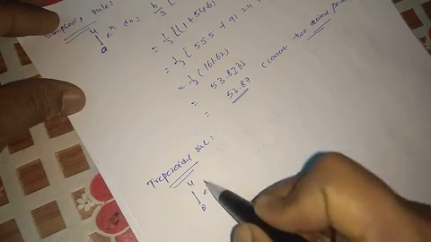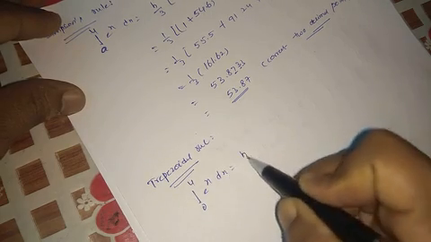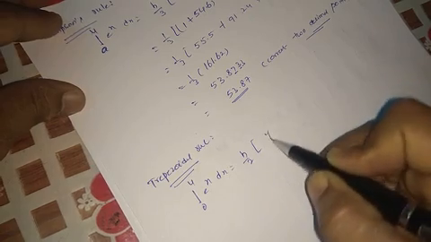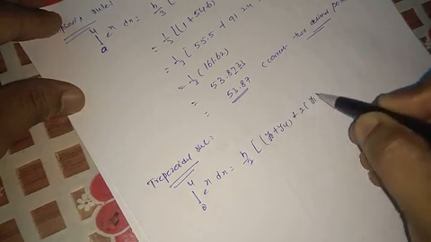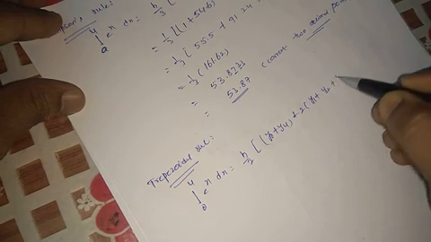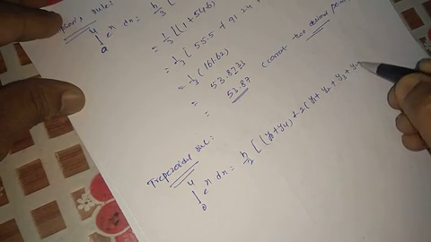Trapezoidal rule: integral from 0 to 4 e power x into dx is h by 2 into y0 plus y4 plus 2 into y1 plus y2 plus y3.